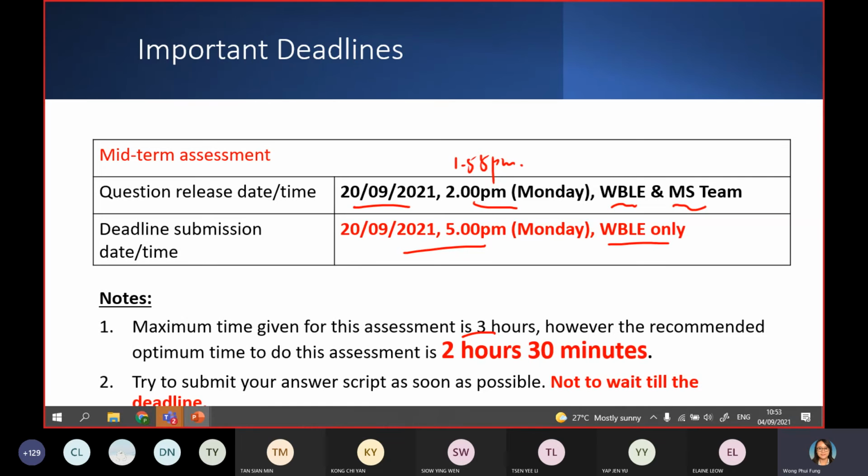My computer is slow. I cannot upload on time. Why not at least 10 minutes before, you try to upload? Then you can avoid this problem. Okay, my advice to you, want to listen, don't want to listen is another story, correct or not? Okay, try to submit your answer script as soon as possible. Don't wait until the deadline.